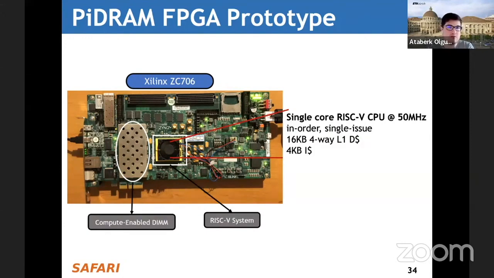Basically, what you do is you scale down the throughput of the memory such that your system represents a more realistic CPU to memory throughput ratio or frequency ratio.